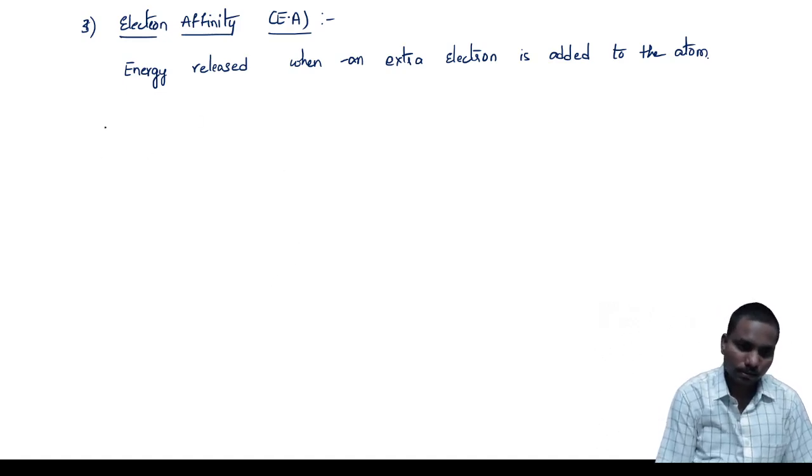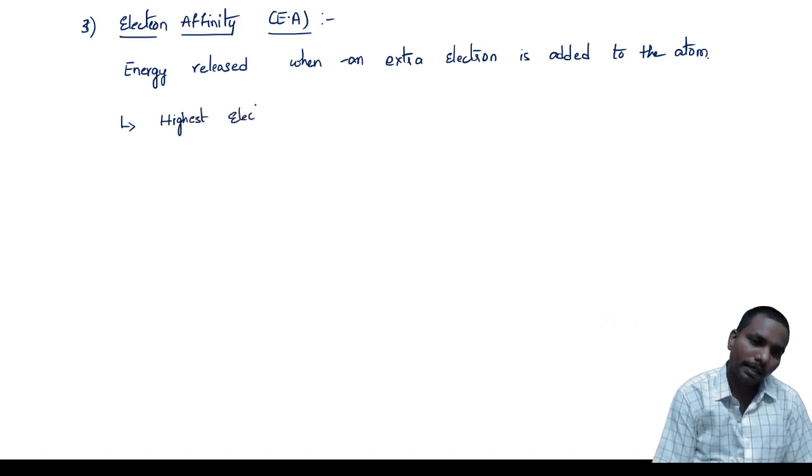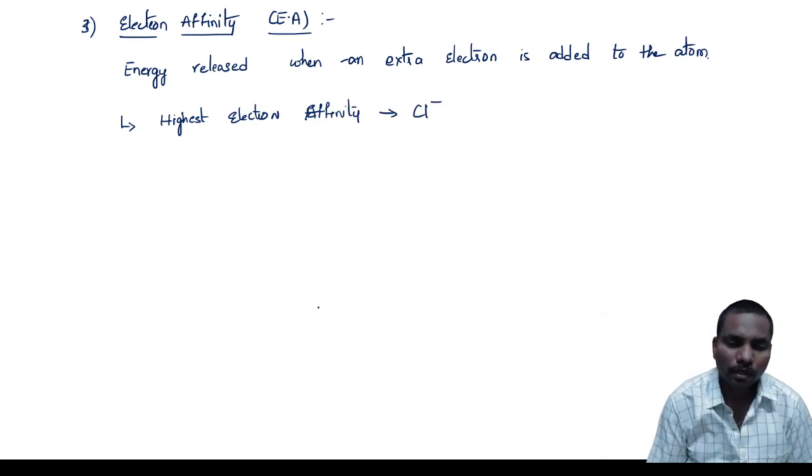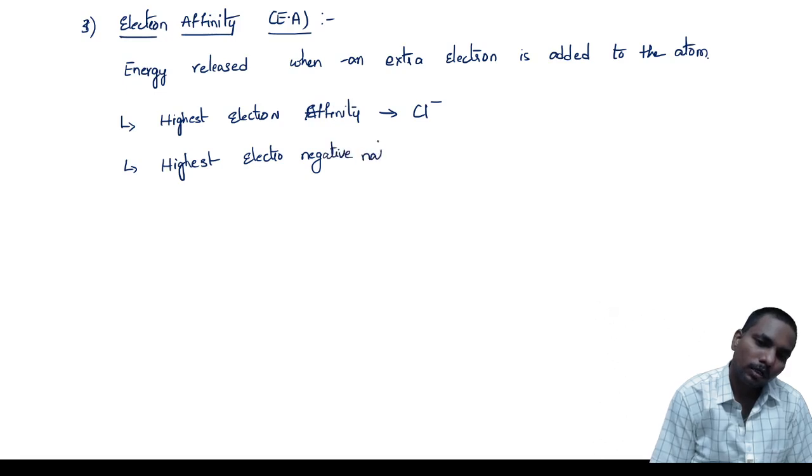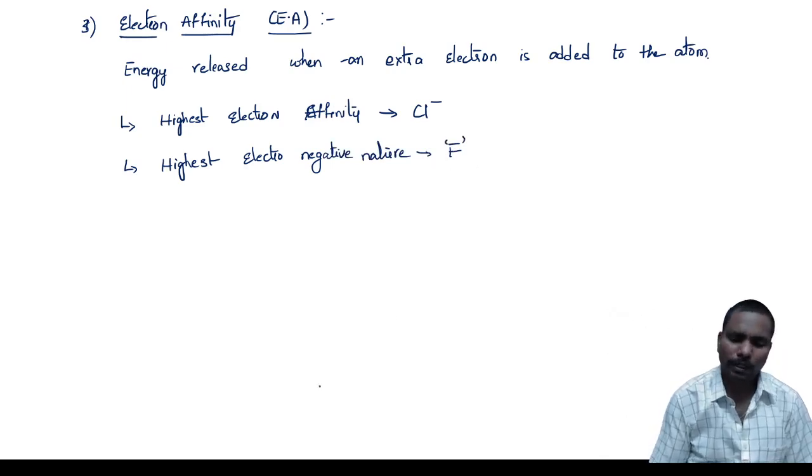Here, the highest electron affinity is nothing but chlorine. And the highest electronegative nature is fluorine.